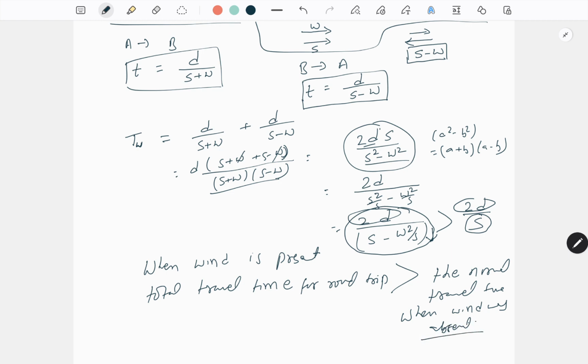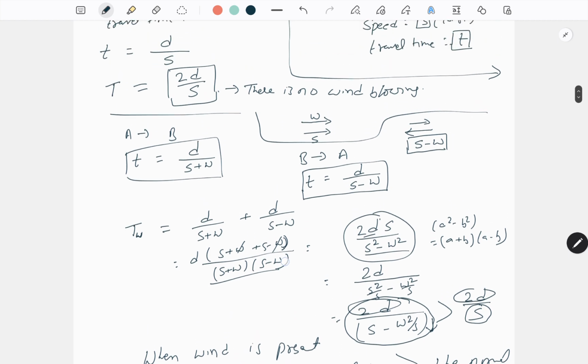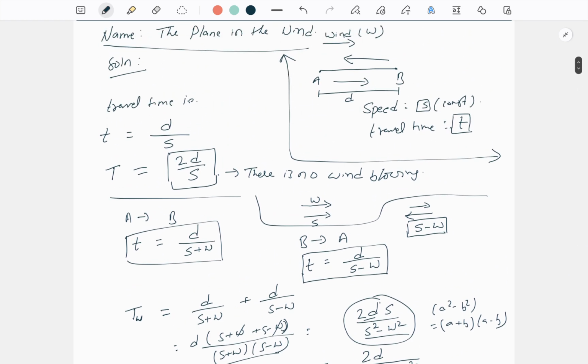So this is how we can solve this problem. This is a very basic, easy problem. We just have to follow some calculations related to time, distance and speed.